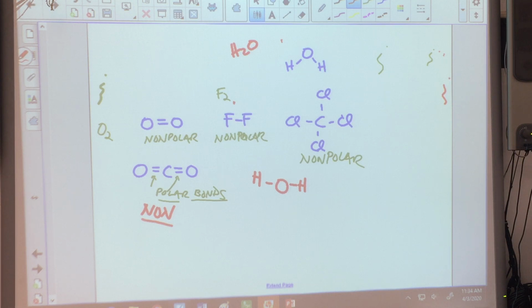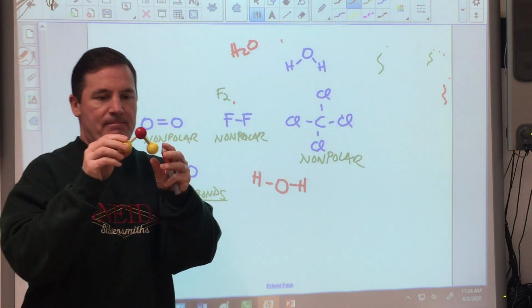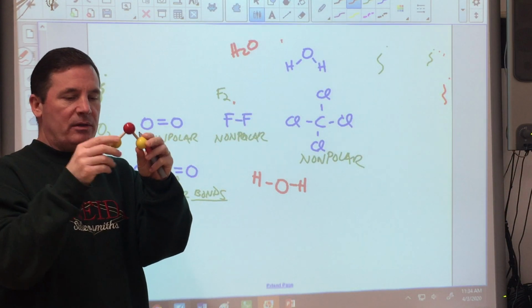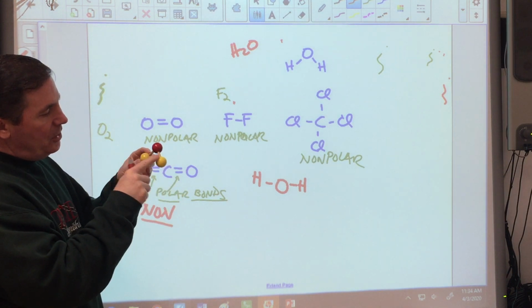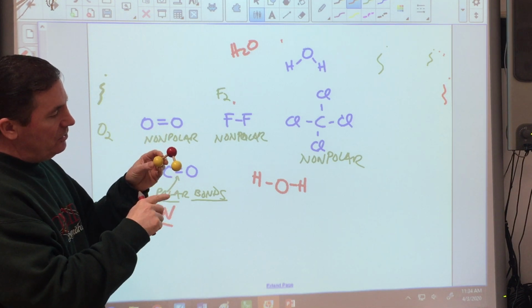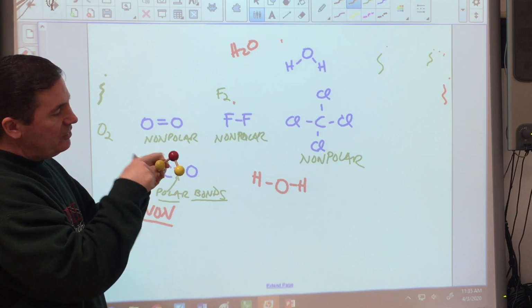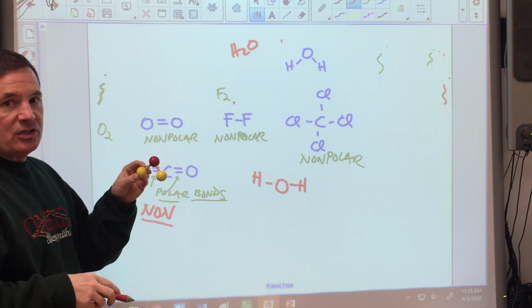Water, H2O, consists of one oxygen and two hydrogens. So as far as it looks as a model, it's this. And this angle is important because these hydrogens are at an angle and not across from each other, it's going to allow oxygen to have greater pull.